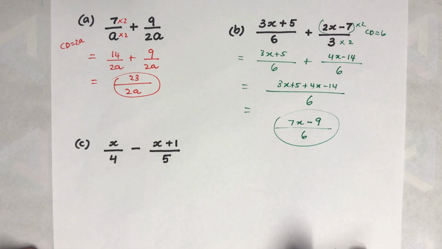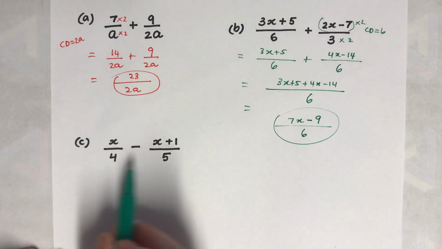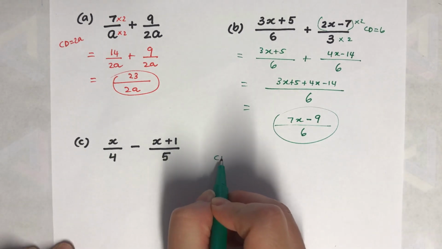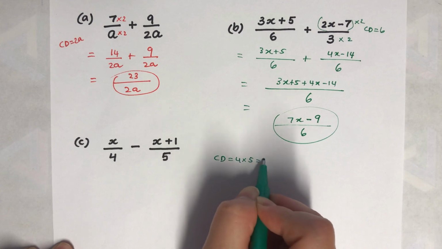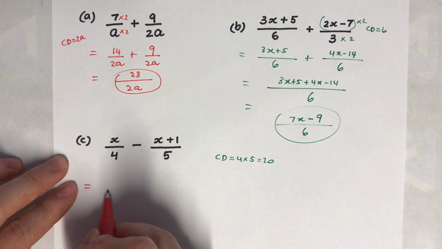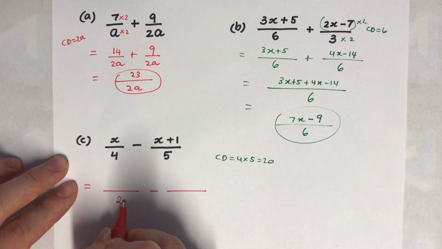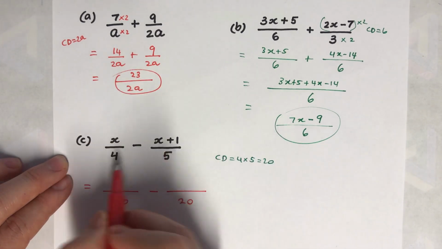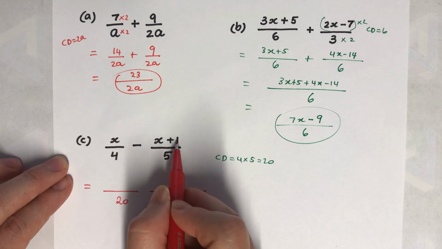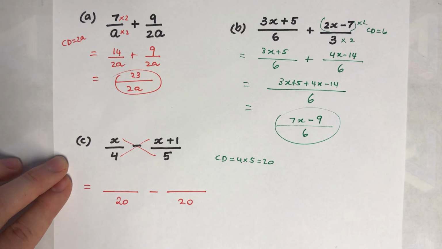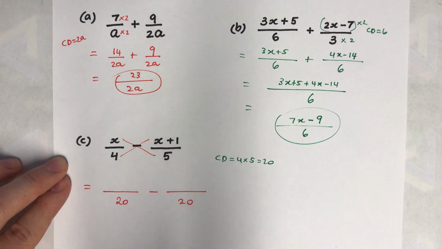Part C. This one, 4 and 5, doesn't belong to any family at all. So I'm just going to make the common denominator 4 times 5 equals 20. I'm going to change both to 20. You can do it like I've done before, times by 5 here, times by 4 there, or cross multiply. Cross multiply, I think a lot of you love this, only applies to adding and subtracting.